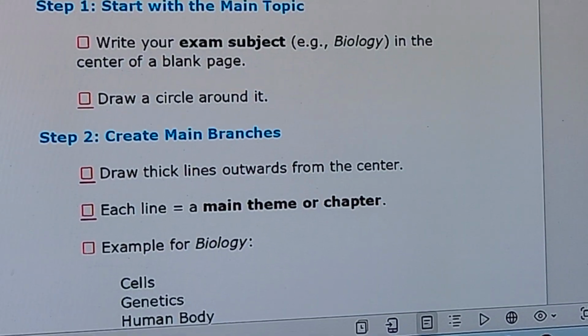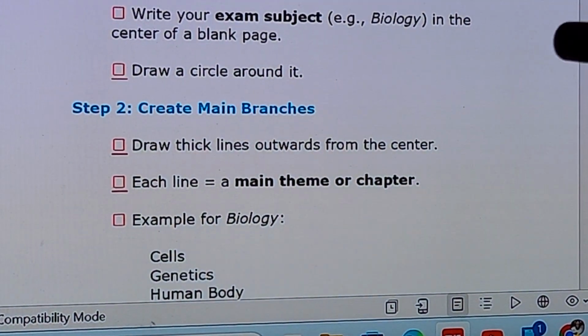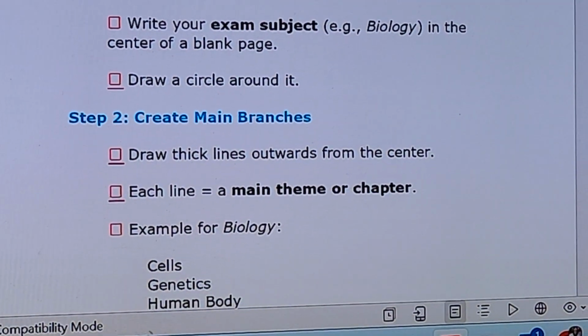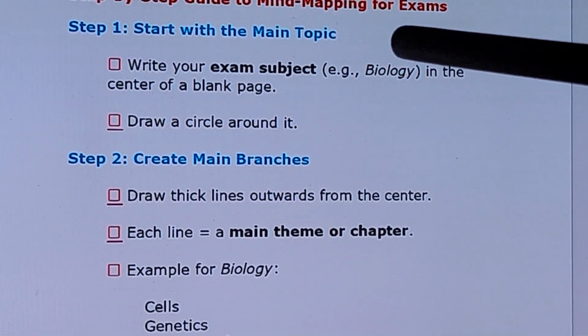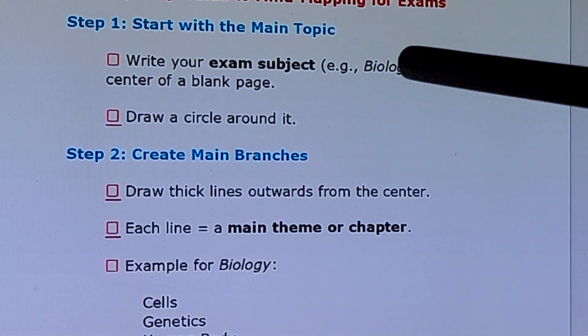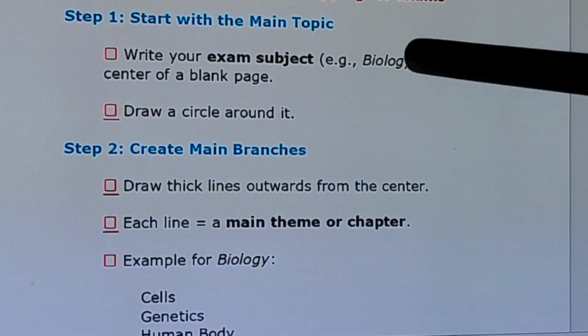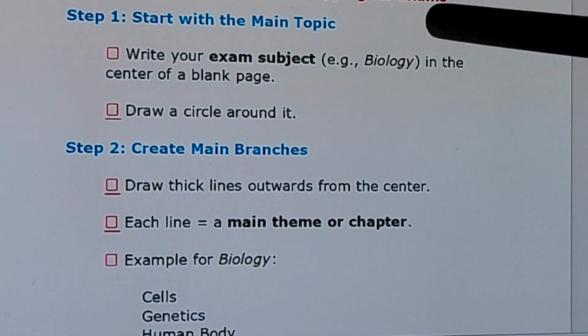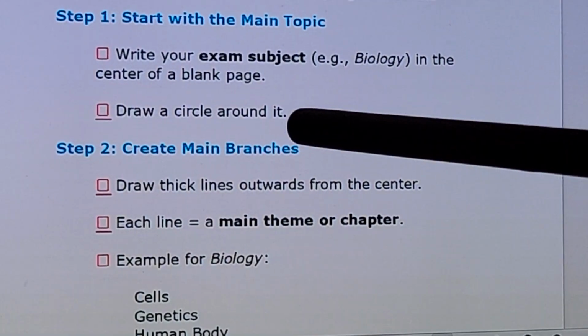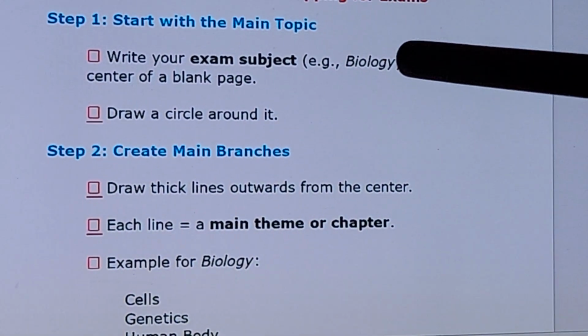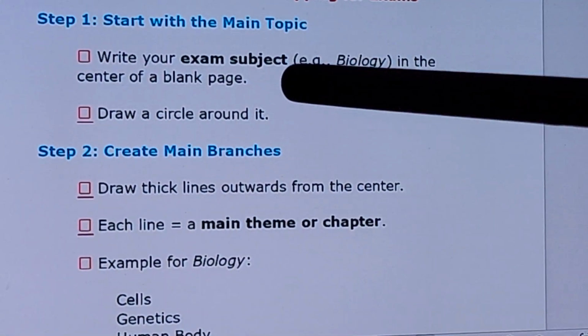For example, in biology, you may have cells, genetics, human body. So around the word biology, you take a thick line, you put it upwards and you call it cells. On the side, you put another one called genetics. Another one you call the human body. Another one you call the heart. You call the lungs. You call the circulatory system or the respiratory system or neurology. So you have big, thick arrows.